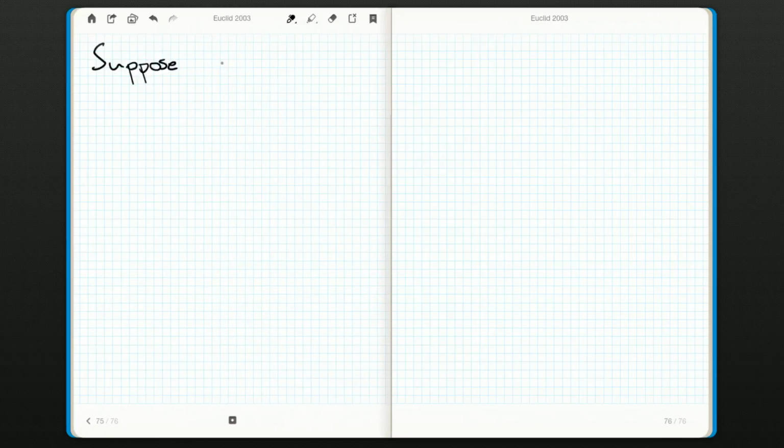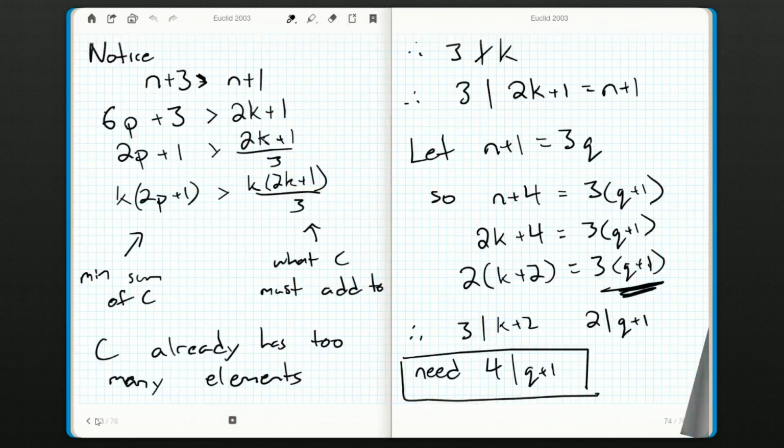Suppose q looks like 4r plus 1. This isn't what we want, so we're going to try and show that this can't happen. I don't know how yet, but we're going to try. Maybe it has something to do with a being even, or the sum of a having to be even. I don't know yet.